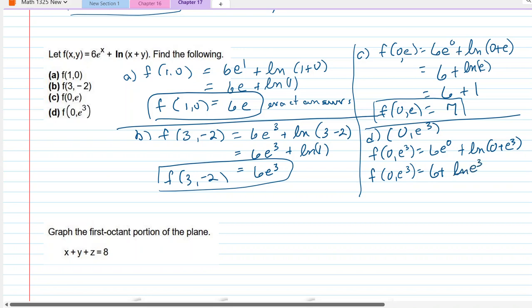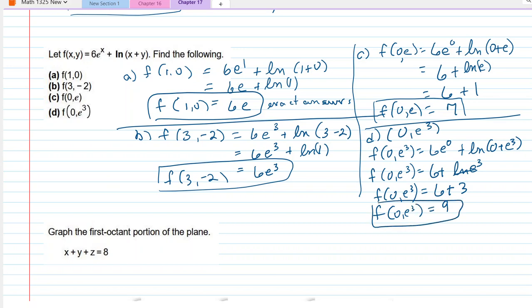Well, these are inverses, so I'm going to have 6 plus 3 equals f of 0 and e to the 3: 9. All right. In each case, we're learning the concepts of identities and input.